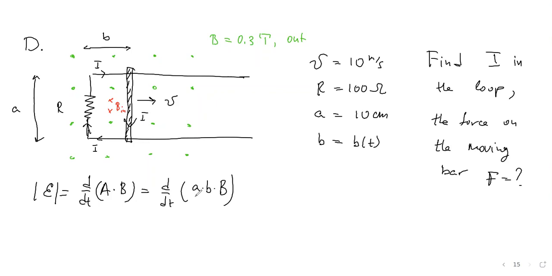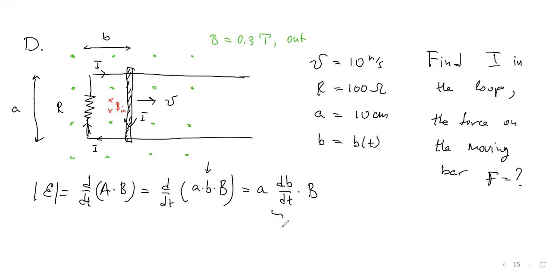The magnetic field is constant. The only derivative I have to take is of the distance from the bar to the resistance, which is increasing. So I can say small b over dt and the magnetic field.